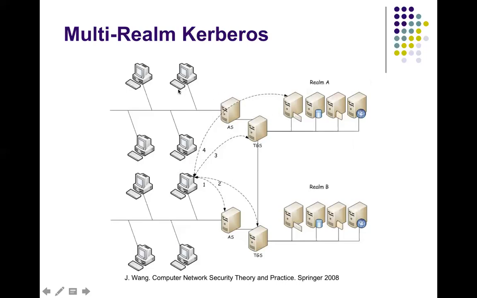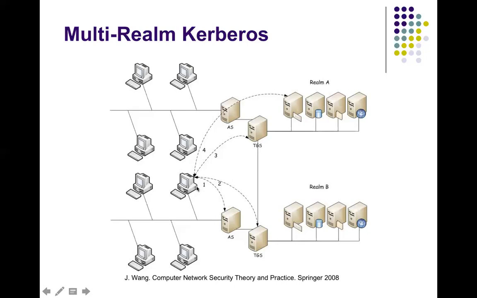Let's say they have these services, and let's assume that a person, Bob this time, in the second realm wants to use a service provided by the first realm's LAN. But Bob does not have credentials in the first realm's authentication server. He does have credentials, of course, at the second realm's AS, the authentication server.